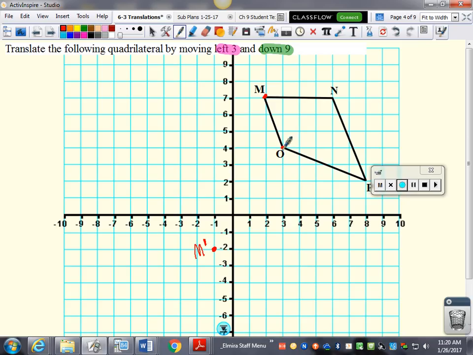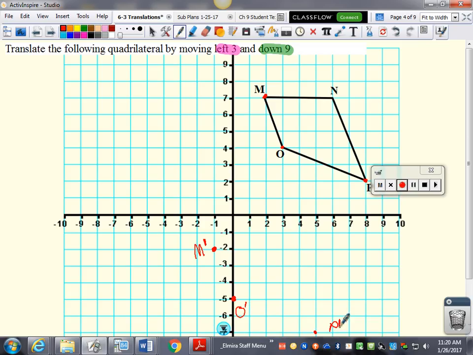Okay, O is 1, 2, 3 squares to the left, and 1, 2, 3, 4, 5, 6, 7, 8, 9 squares down. O prime. P, 1, 2, 3, and 1, 2, 3, 4, 5, 6, 7, 8, 9.